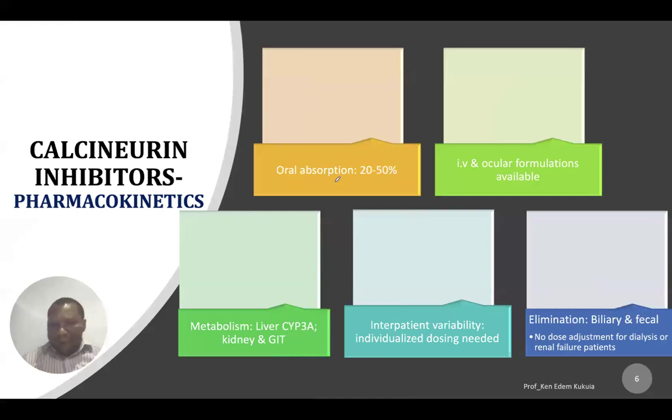Their oral absorption varies from patient to patient and on the basis of whether there is food in the GIT or not. And so we could have the absorption being between 20 to 50%, depending on these factors.